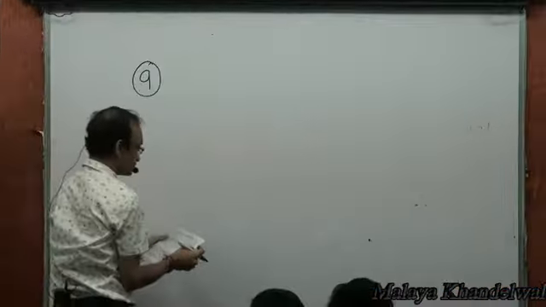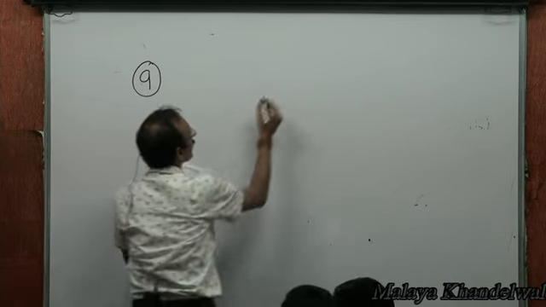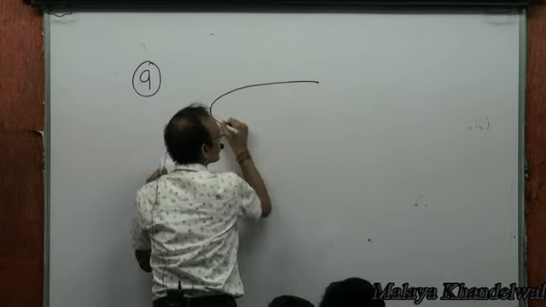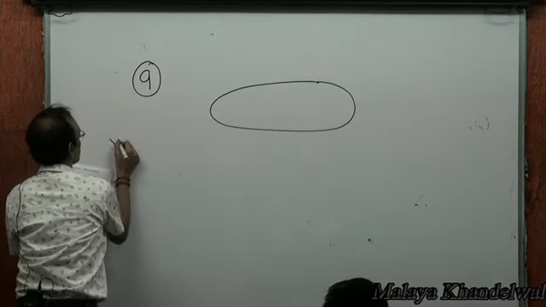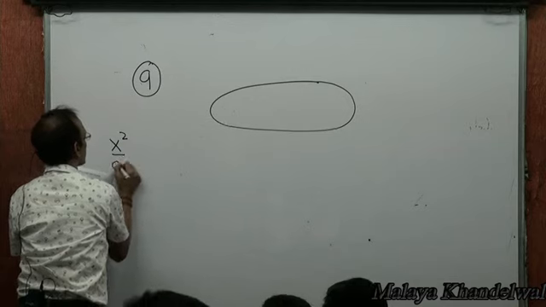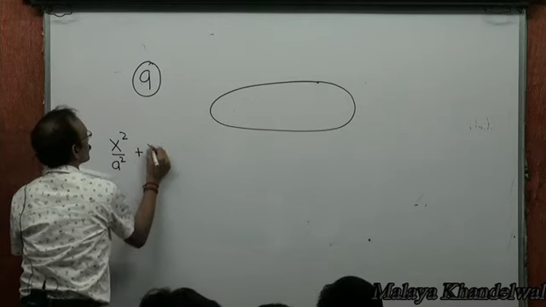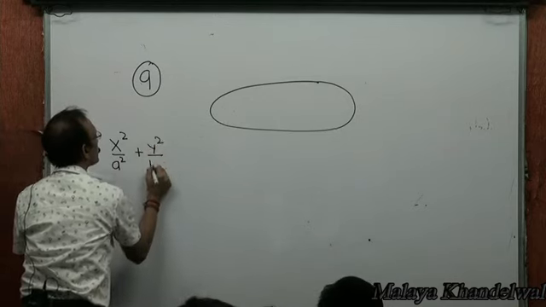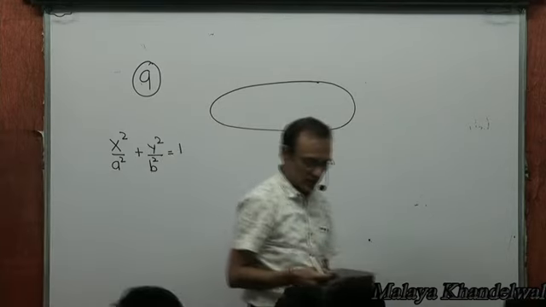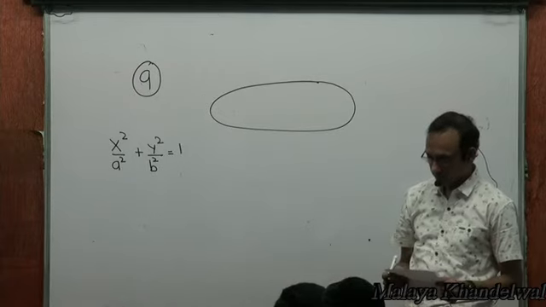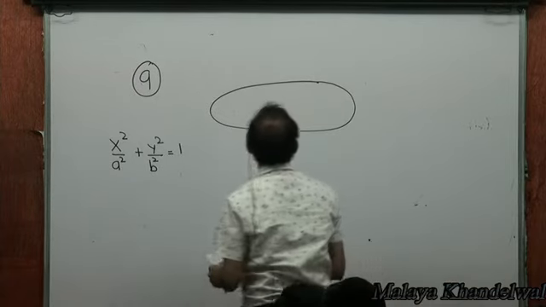Now there is an ellipse like this, x squared by a squared plus y squared by b squared equal to 1.